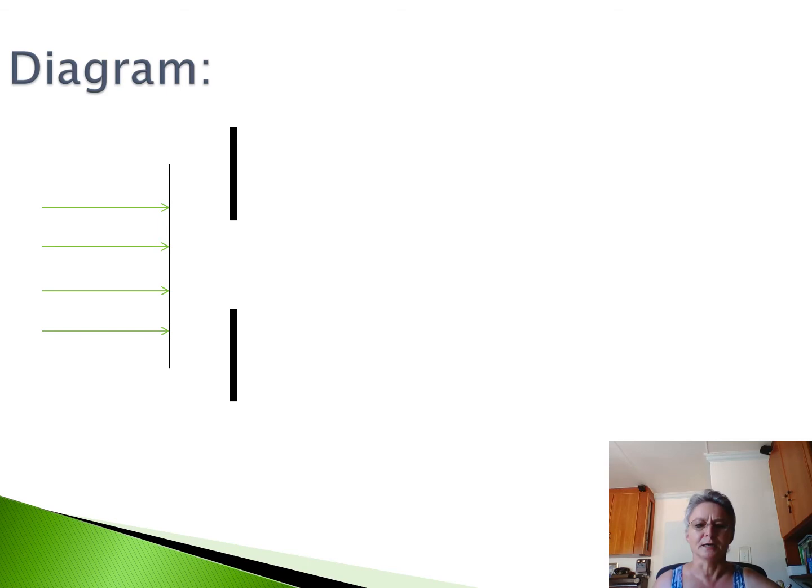Here we have a diagram showing how a wave is nearing a gap in its path. Now, when that wave front gets to the gap, part of the wave is blocked but another part of it will move into the gap.